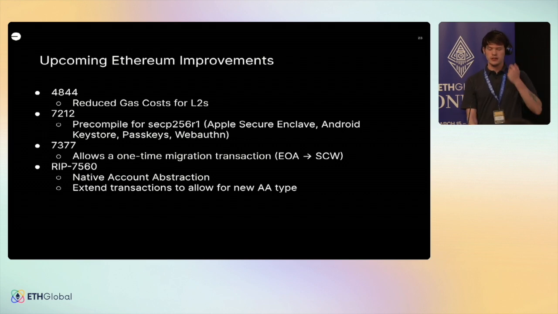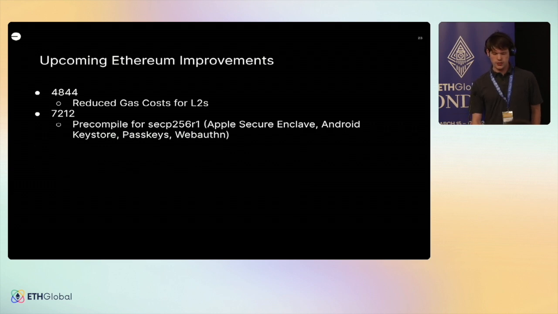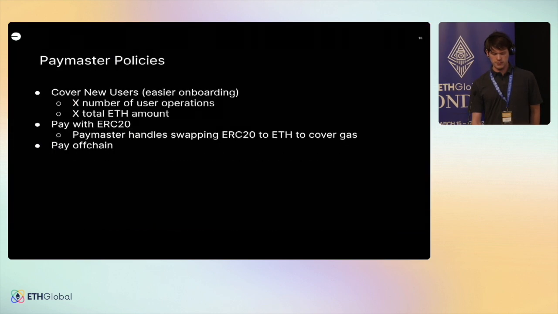Yeah, 100%. So this is a proposal to actually change the default transaction type in Ethereum to include 2 or 3 new types that are AA specific. When I showed that user op example, there are new fields.